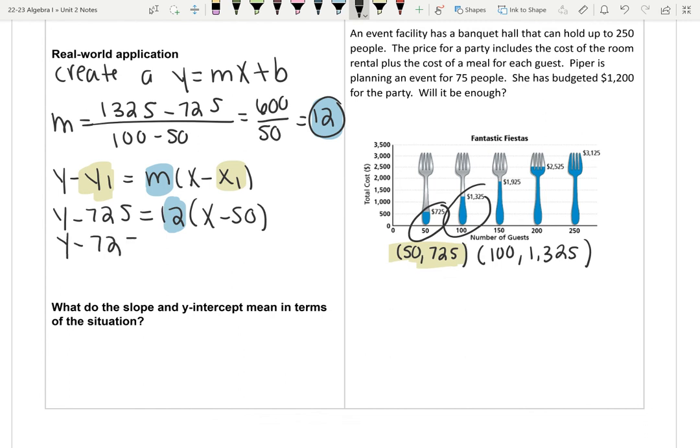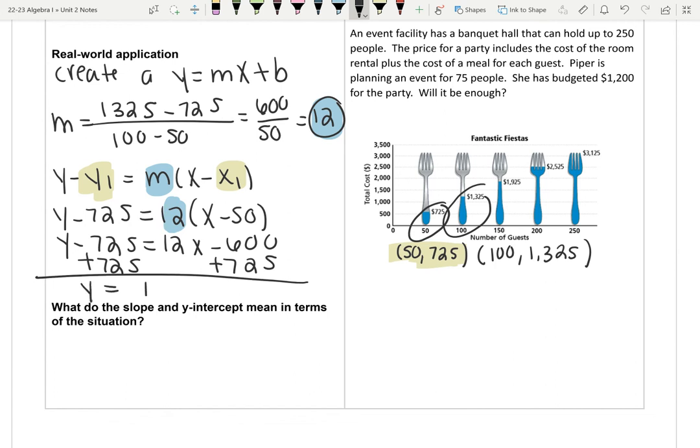So then I get y minus 725 equals 12x minus 600 plus the 725, and I get y equals 12x plus 125. So as we can see, it's not just $0. There is a $125 minimum payment there that you have to pay.